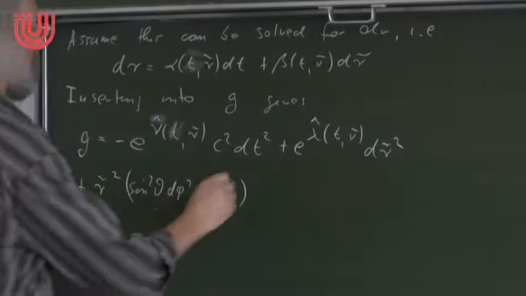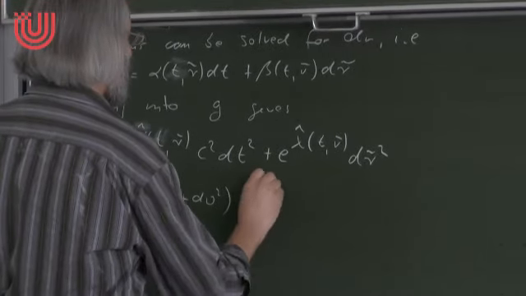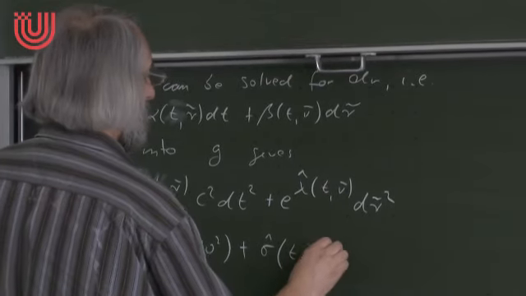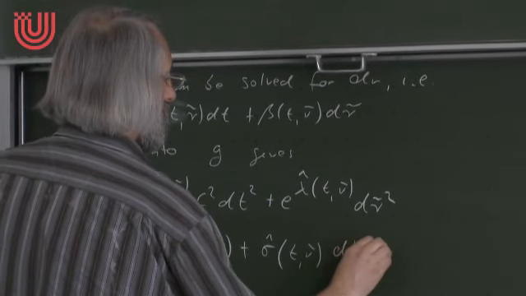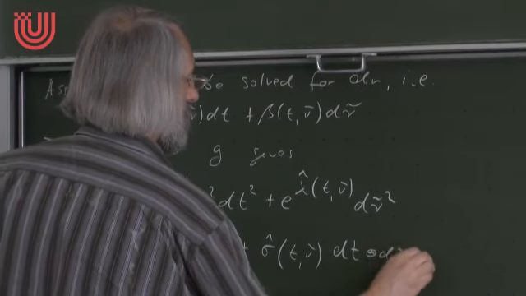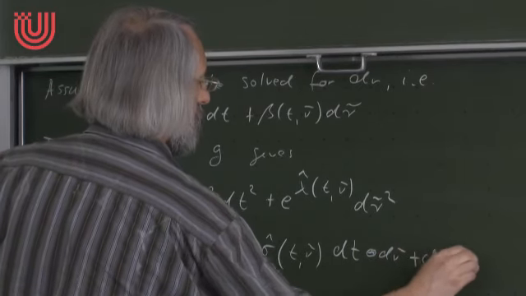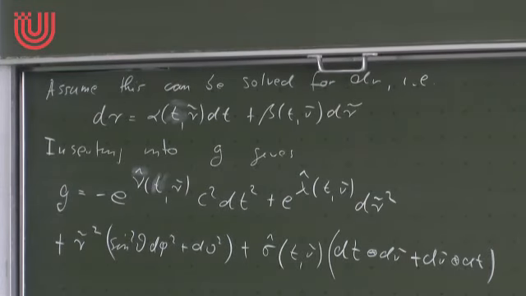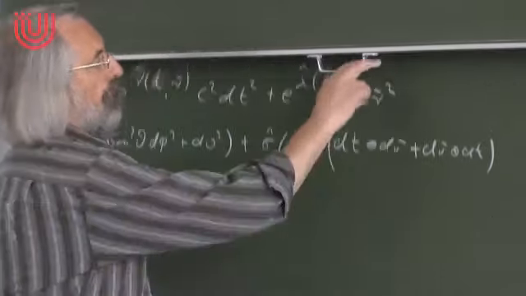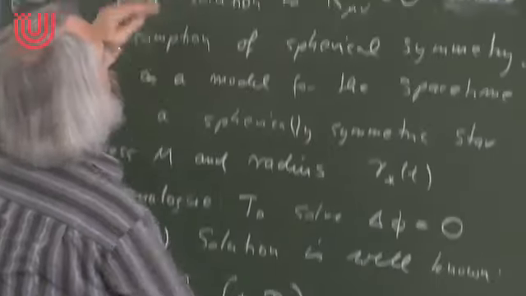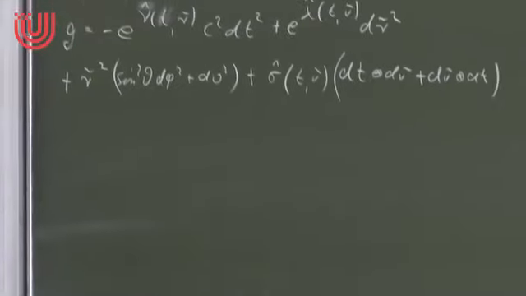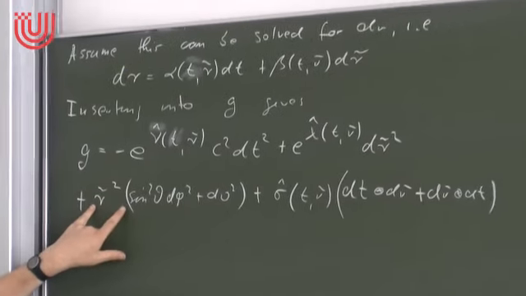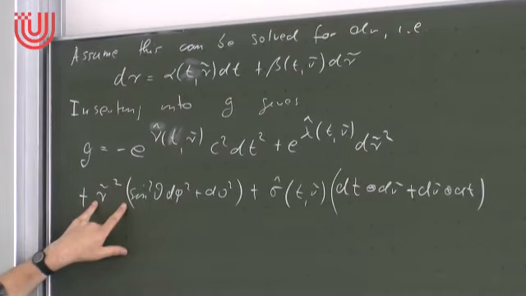And then we get the mixed term, which is now something like sigma hat of t and r tilde, dt tensor dr tilde plus dr tilde tensor dt. So we have a first slight simplification already reached by making this just the radius coordinate squared.